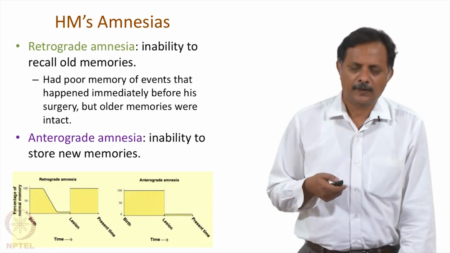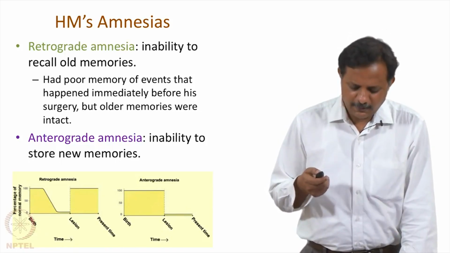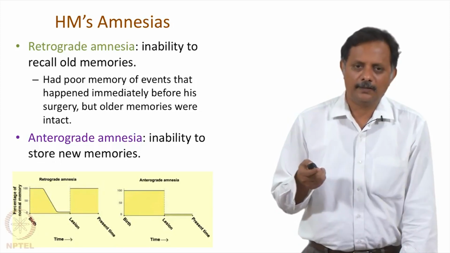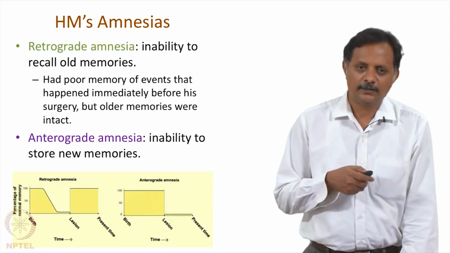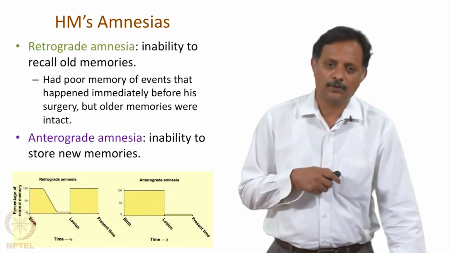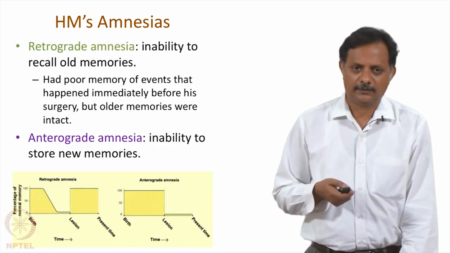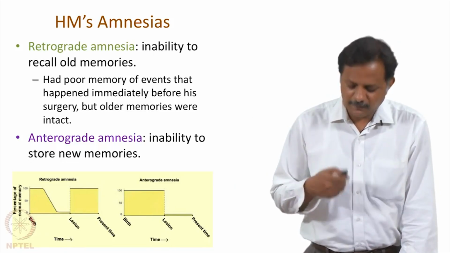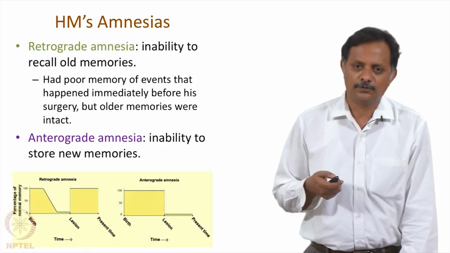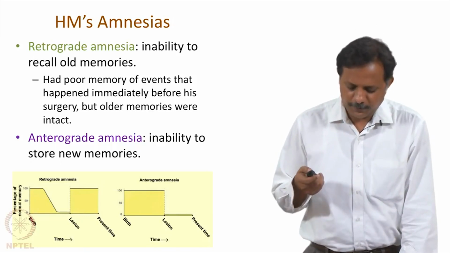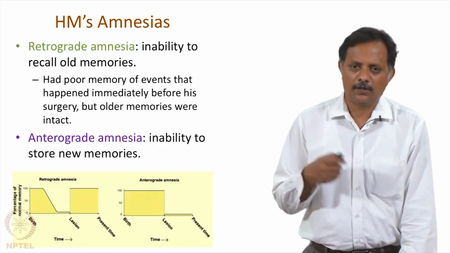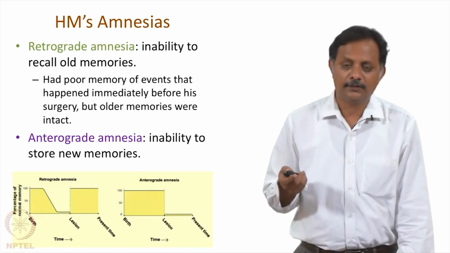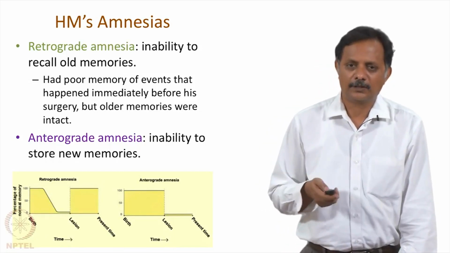This patient had retrograde amnesia for a period before the surgery, but memories from much longer before the surgery were some of them intact. Then HM also had anterograde amnesia, which refers to the inability to store new memories, that is, after the lesion he was not able to store memories. The picture below shows retrograde and anterograde amnesia, but the patient HM had both kinds of amnesia.